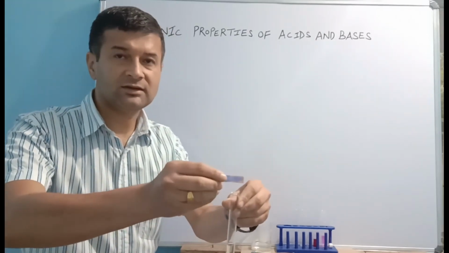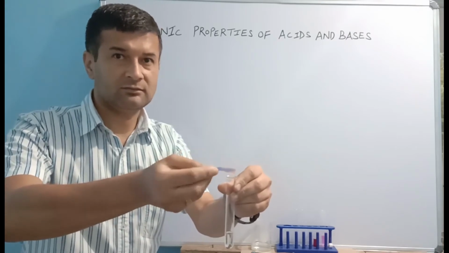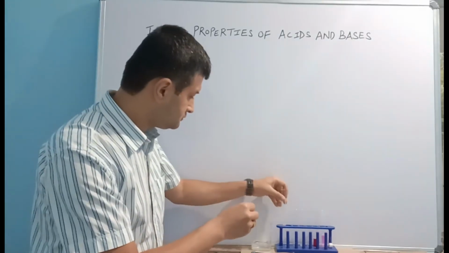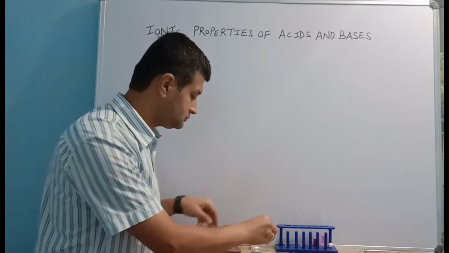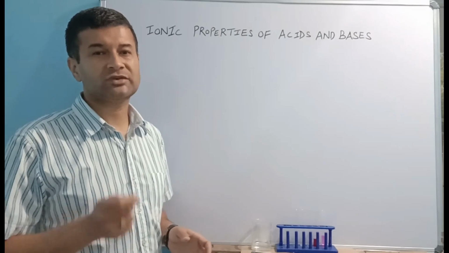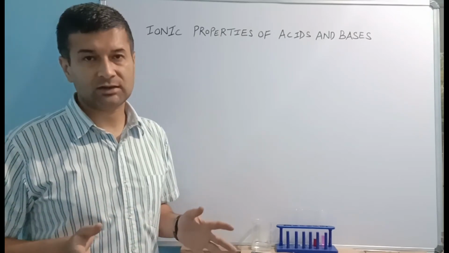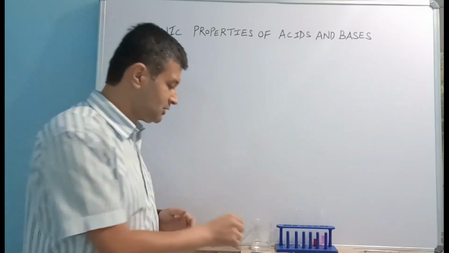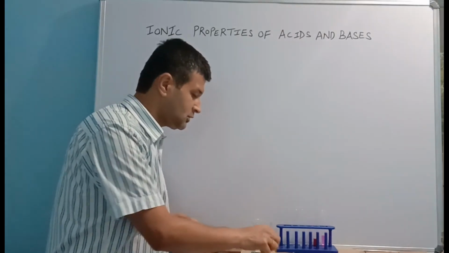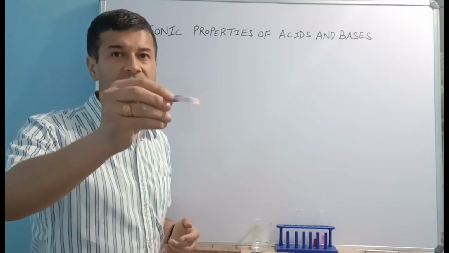So you can see that it is turning red. Here you saw that when I brought dry blue litmus paper, there was no change in the color. However, when I brought moist blue litmus paper, it turned red.